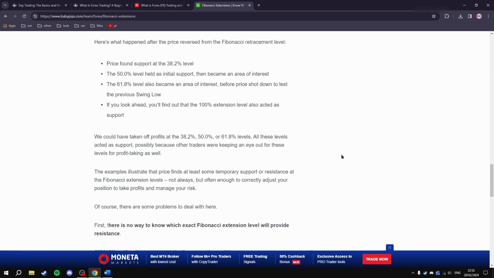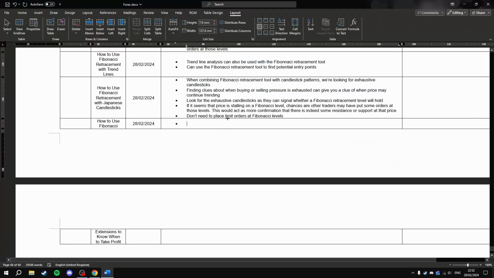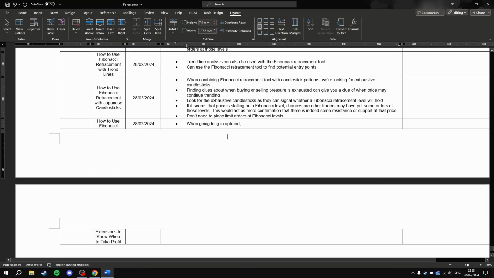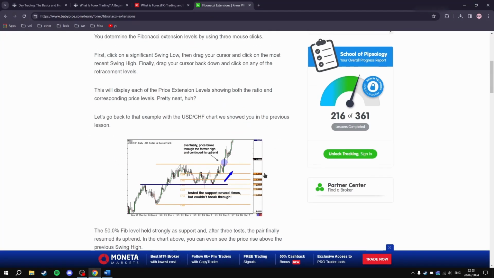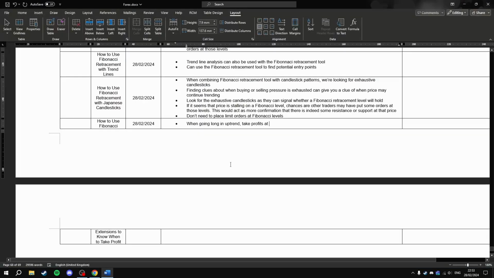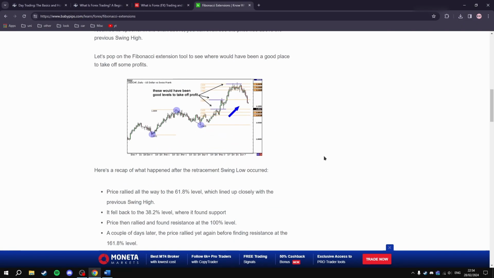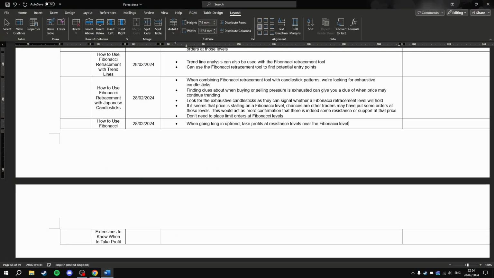So basically, when going long in an uptrend, take profits at resistance levels near the Fibonacci levels.